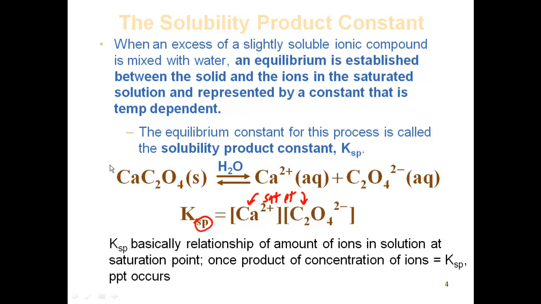Once the product of concentrations of ions equals KSP, then precipitation occurs. Before that point, the product of the concentration of ions does not equal KSP, and we will not have precipitation. This KSP is a measure of how much of the species is in the solution as ions at the saturation point.